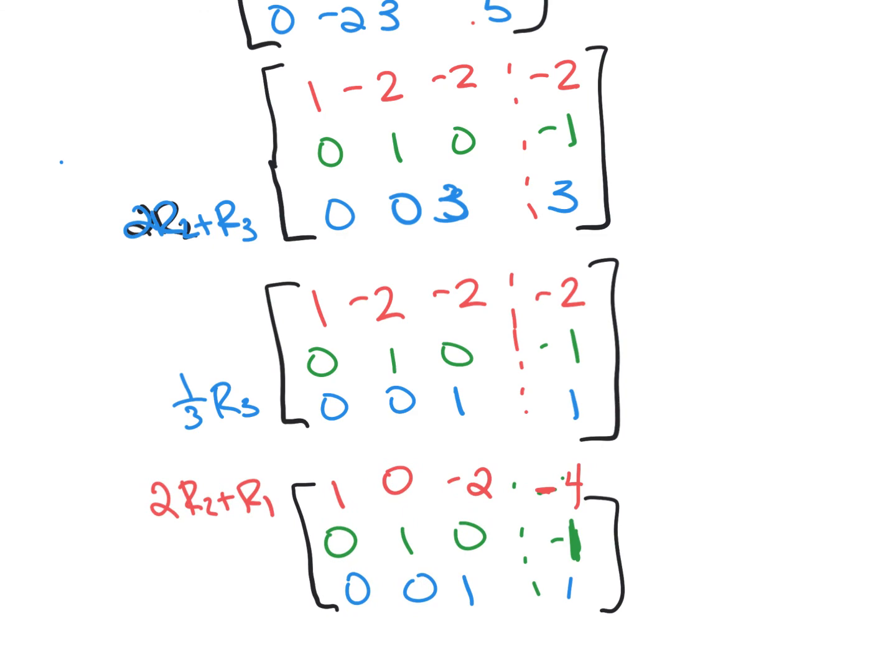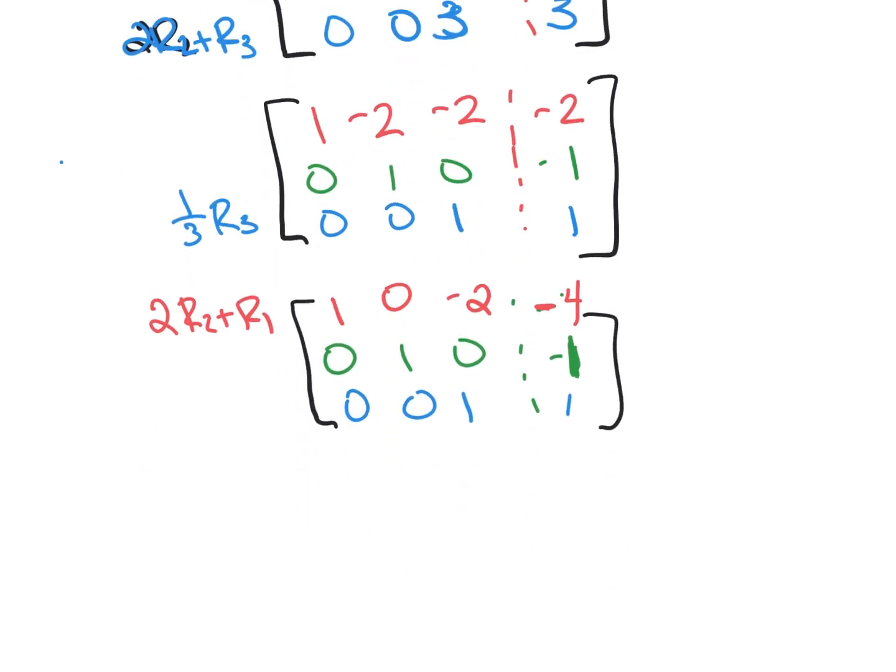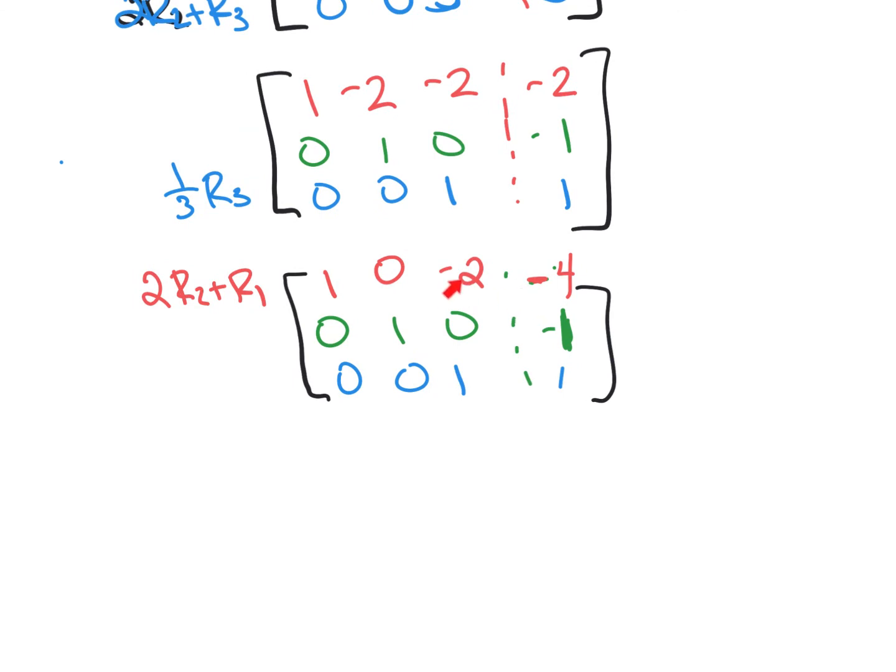Now I need to get a 0 to sit here. To do that, I'm going to multiply the third row by a positive 2. So the middle row doesn't change: 0, 1, 0, negative 1. Bottom row doesn't change.